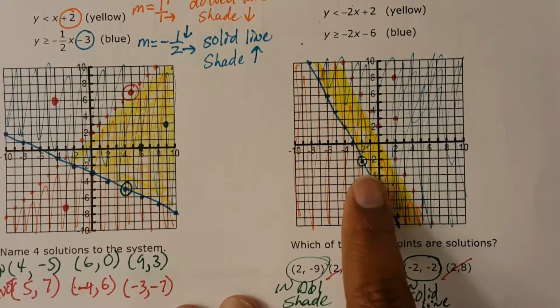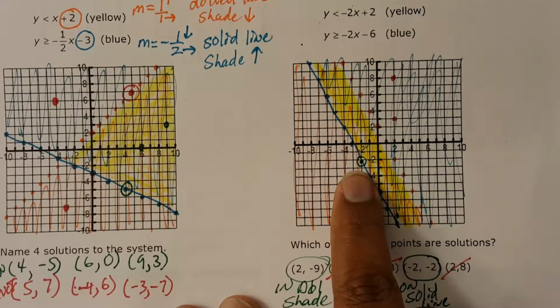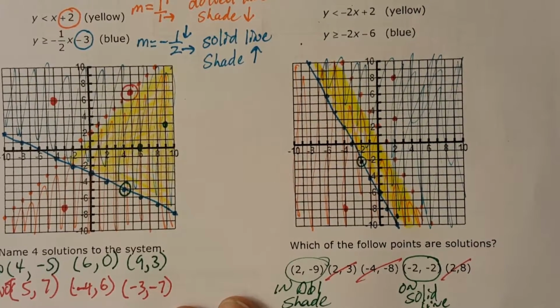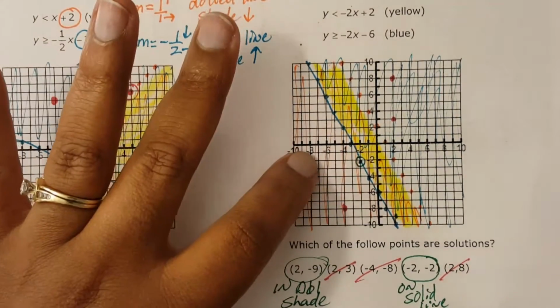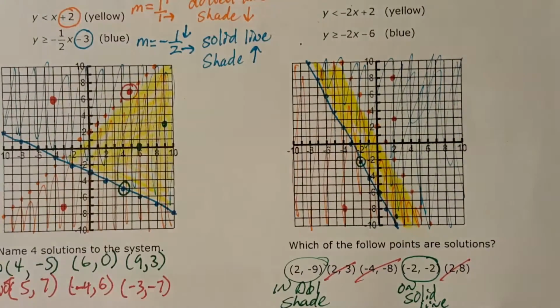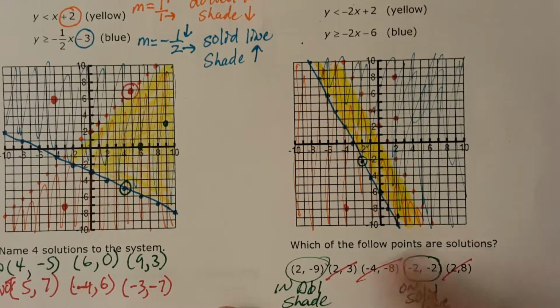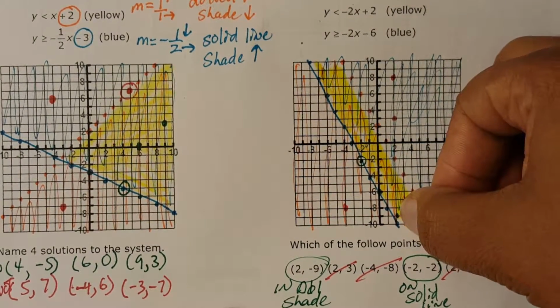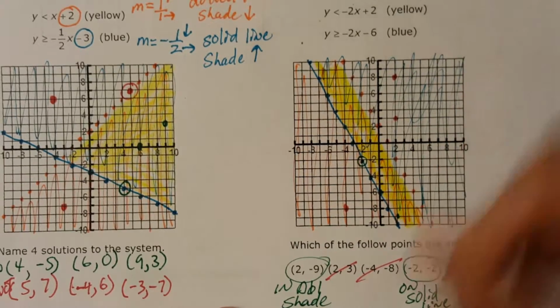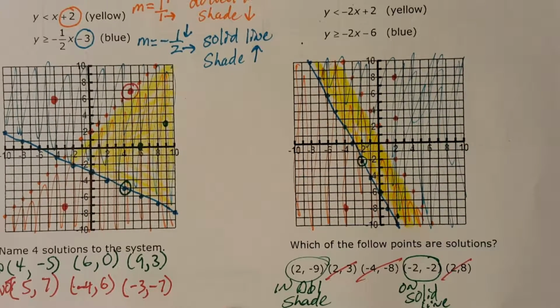However, the point -2, -2, because it is on a solid line located in the shaded area, it is a solution. And the point 2, -9, because it is in the double shaded, is also a solution.